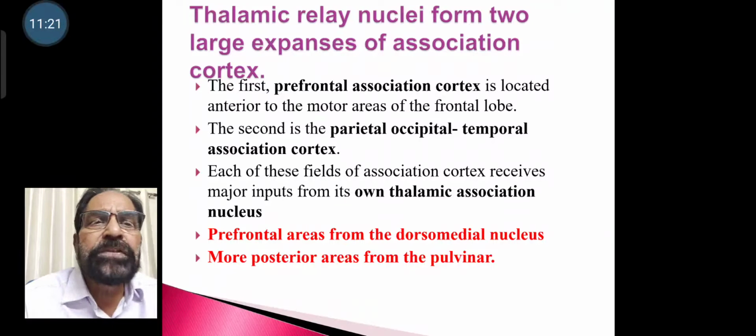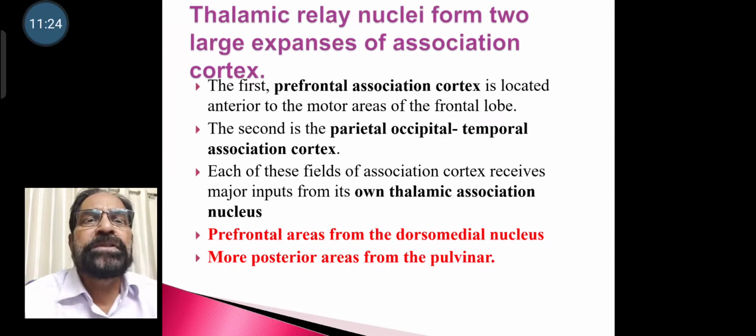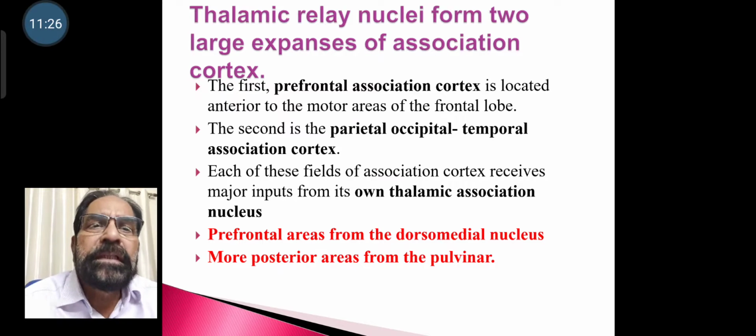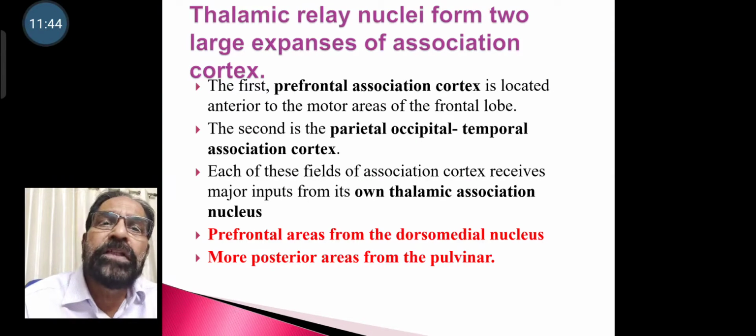Each of these fields of association cortex receives major inputs from its own thalamic association nucleus. So the associated thalamic nuclei are, for the prefrontal areas, the dorsomedial nucleus or the medial nucleus, and for the most posterior areas, that is parietal, occipital, temporal association cortex, the nucleus is the pulvinar.